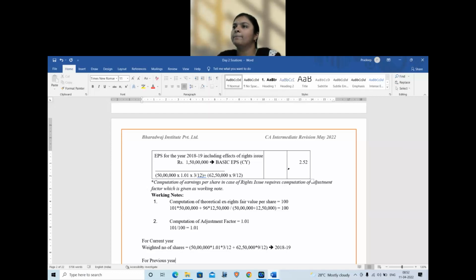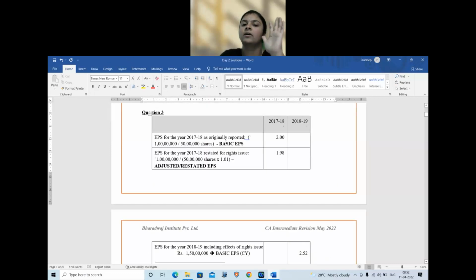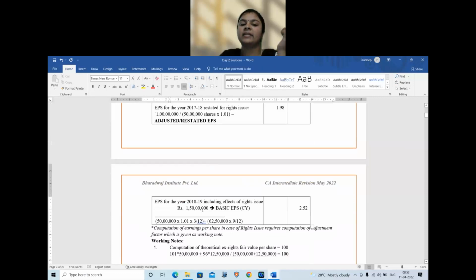Is that clear? Okay. Suppose if the question asks bonus, basic EPS will remain the same. In adjusted EPS, instead of multiplying the factor, you will just add the bonus shares. Similarly, in the current year EPS also, we will directly add the bonus shares with the weightage.